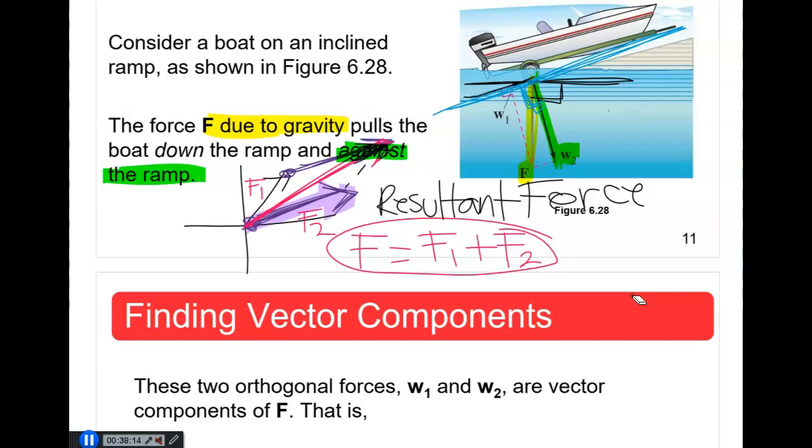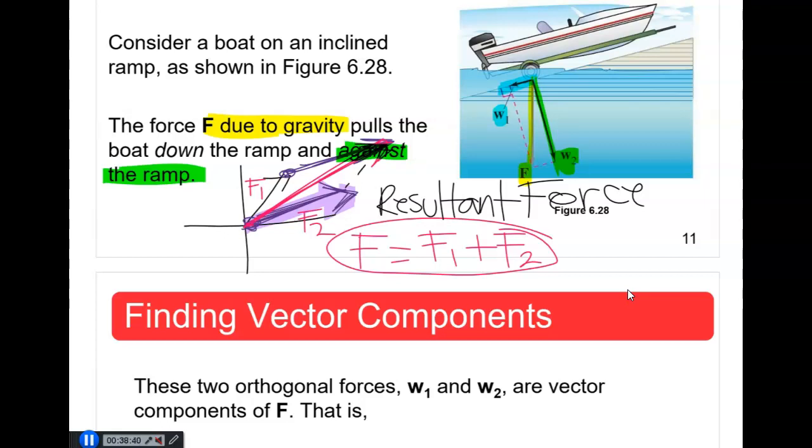Sorry, that's not correct. I have a lot of stuff written here. So again, I'm going to color them. This is the one for F here. This is the one pulling against the boat, W sub 2. And then we have here W sub 1, the one that is on the ramp.